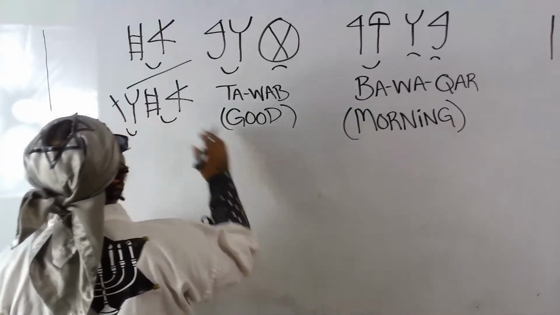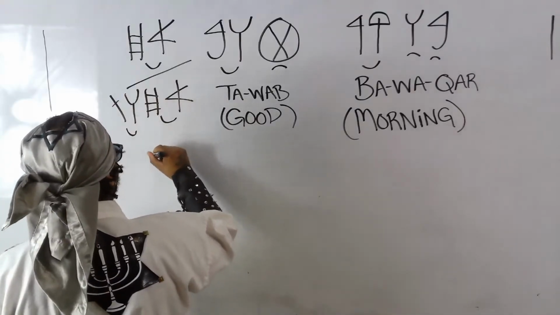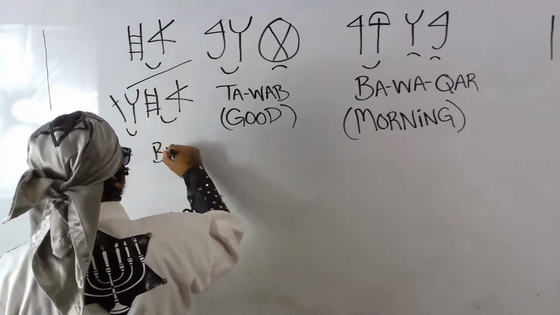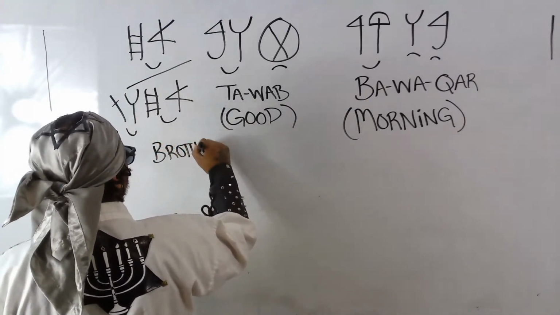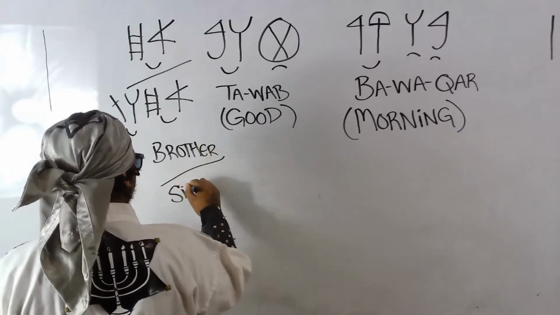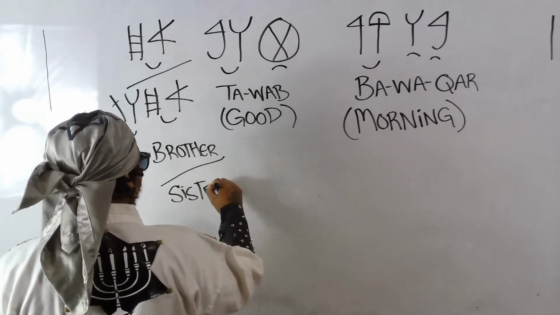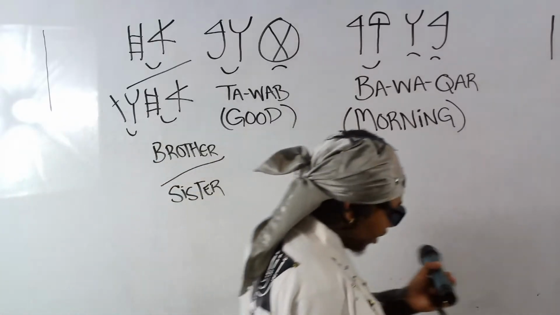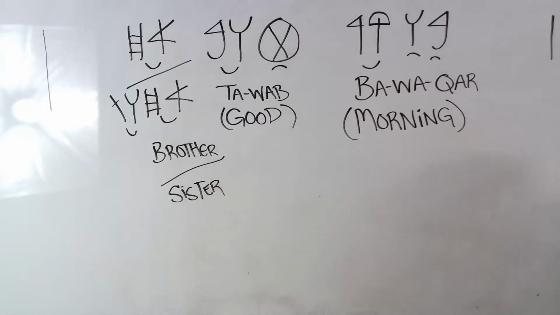Good morning, brother, which is Ak. Right? Ak is brother. And then Akwa is sister. Good morning, brother. Good morning, sister. So if I was speaking to Aquania, I seen Aquania in the morning, I say shalom.